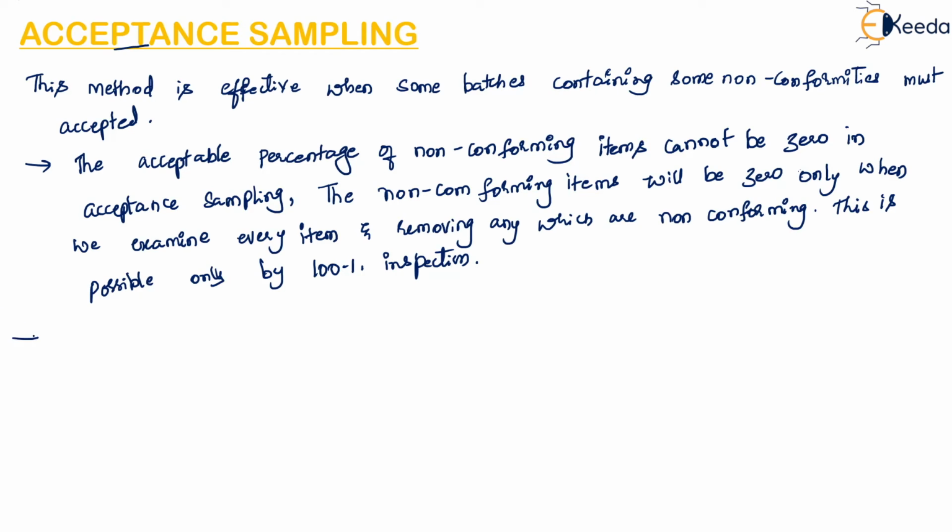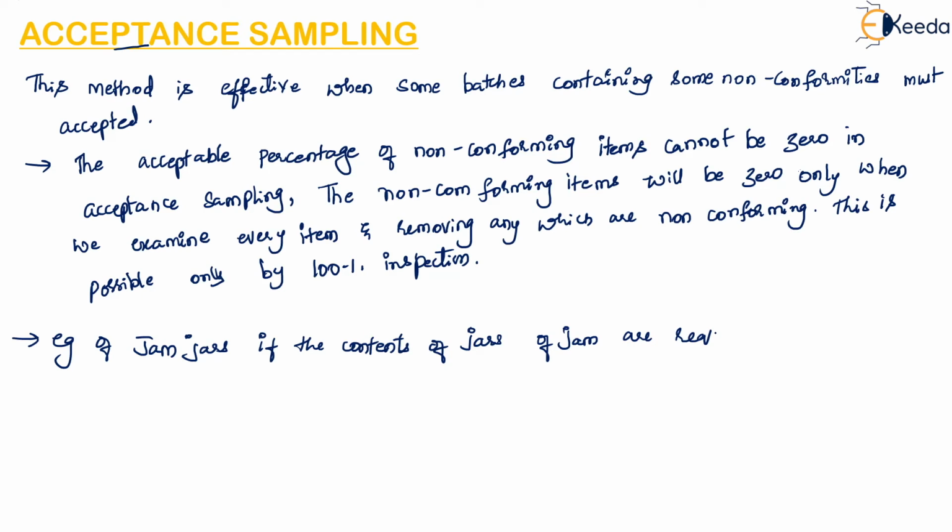So let us consider an example of jam jars. If the contents are required to be between 453 gram and 461 gram, the jam jars must have a weight between 453 gram and 461 gram.